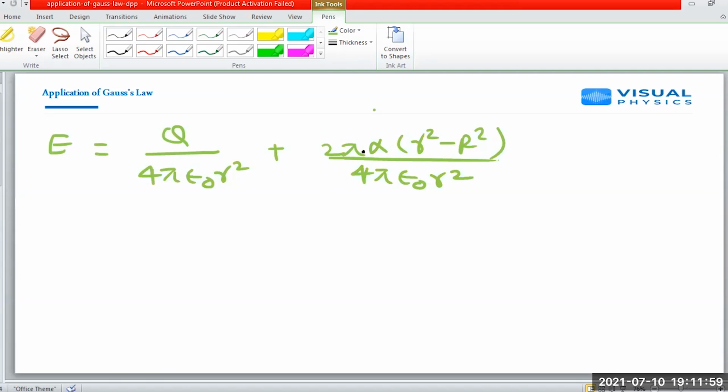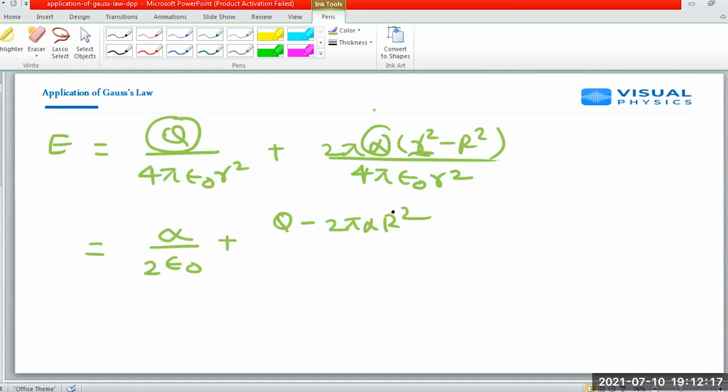Because the denominator is the same, you see what I'm writing: alpha by 2 epsilon naught. This r square will get cancelled, plus (Q minus 2 pi alpha R square) whole upon 4 pi epsilon naught r square.